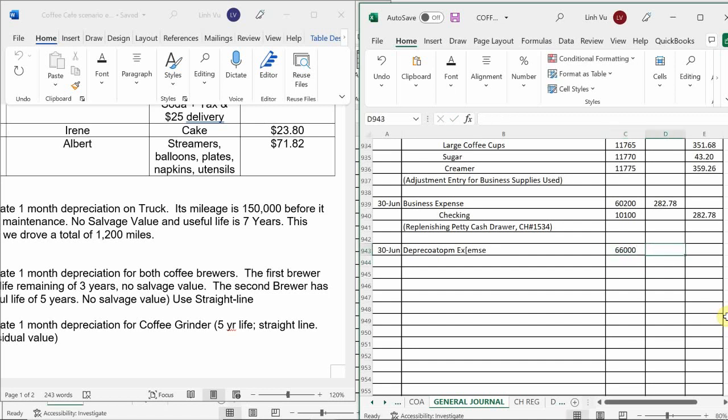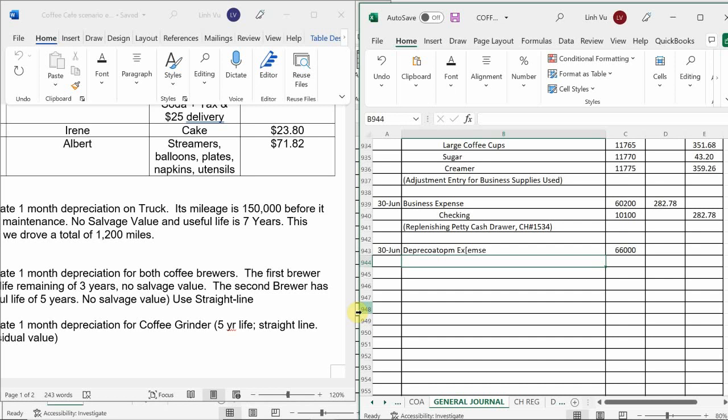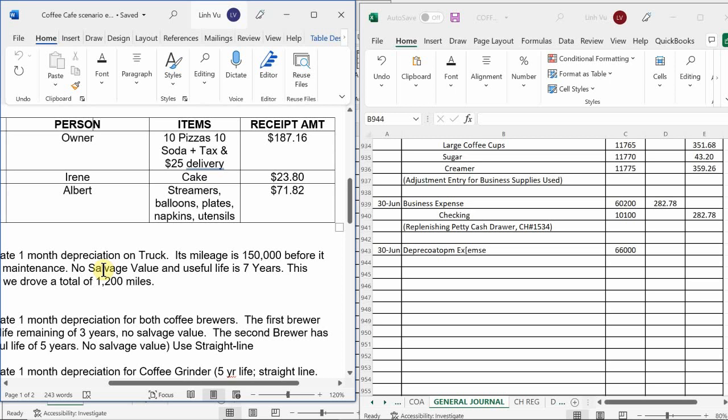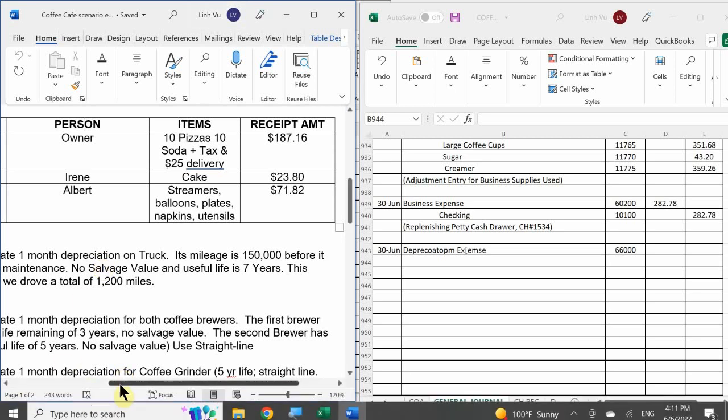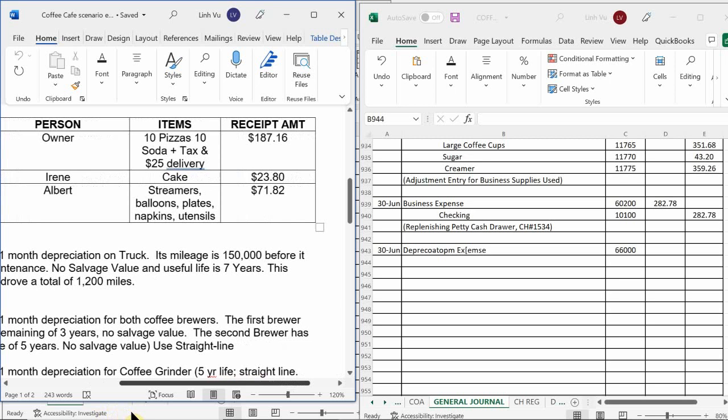What is our grand total that we are going to be calculating here? We're going to list out each and every single account here, but we're also going to utilize our depreciation tables, because each one is going to have a specific one. So let's take a look here. It says to calculate 1 month's worth of depreciation for the truck.